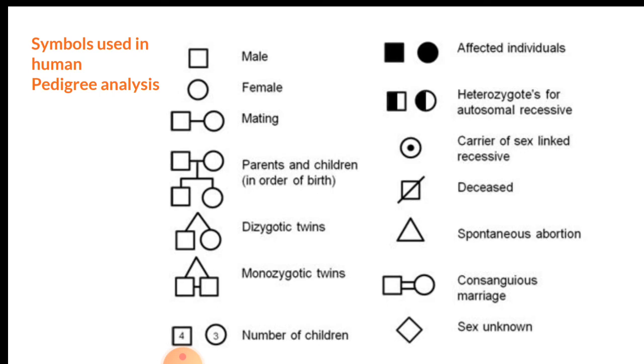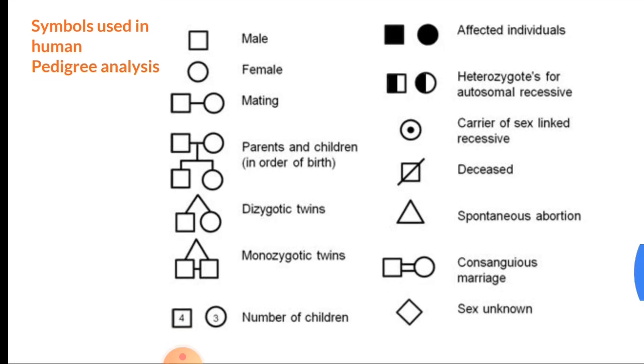This next one shows the dizygotic twins, right? So they are formed from 2 zygotes, and then the next one shows the monozygotic twins which are formed from 1 zygote. In the next one you see the number of children, and the number represented in it is the number of children, like 4 males, 3 females. Then the darkened part shows the affected individual, that is, the black part shows the affected female or the affected male.